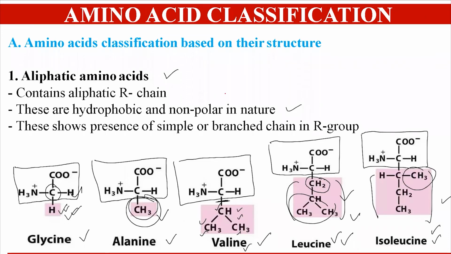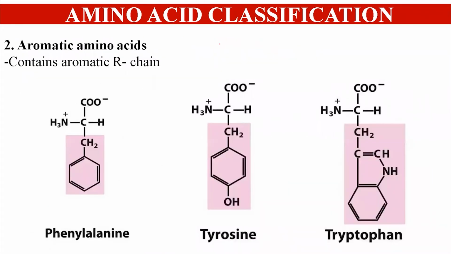Now let's move on to the next one. The next category of amino acids is the aromatic amino acids. Aromatic amino acids are those amino acids which have an aromatic side chain as the R group. These are phenylalanine, tyrosine and tryptophan. These are the 3 amino acids categorized under aromatic amino acids.